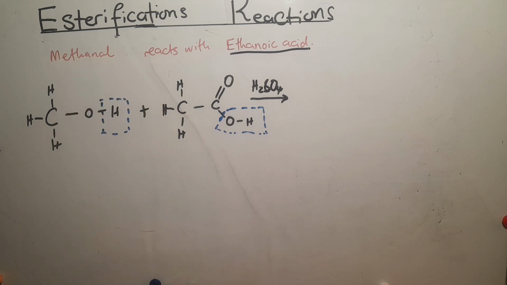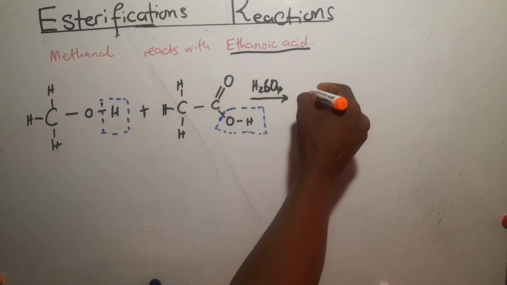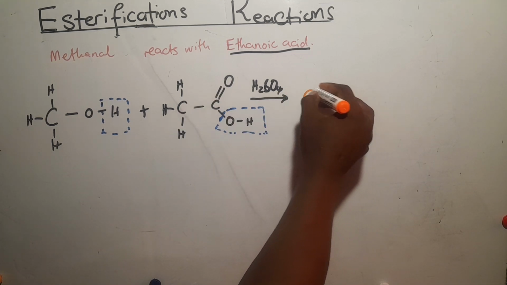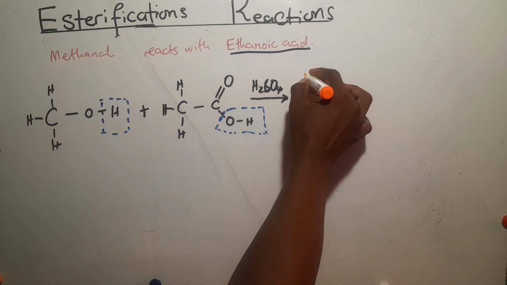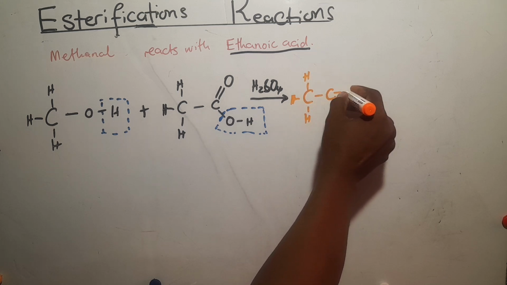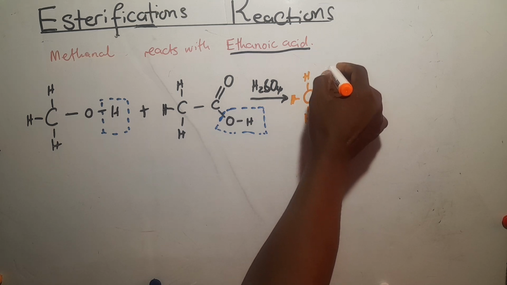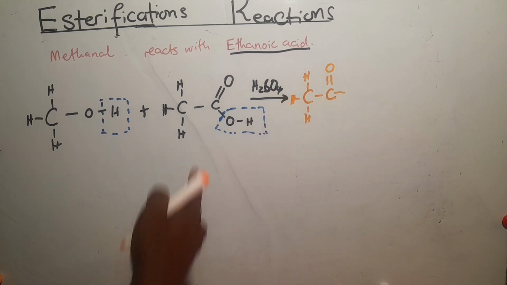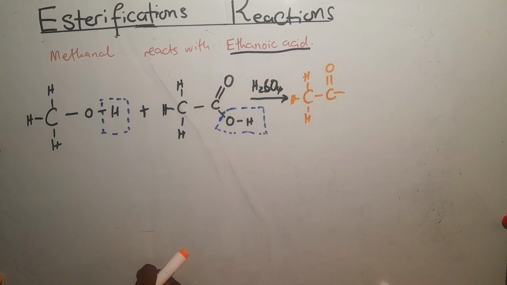It means that we are going to have this carboxylic acid that remains as, can you notice this one is having a double bond there? So this will remain with a double bond, right?